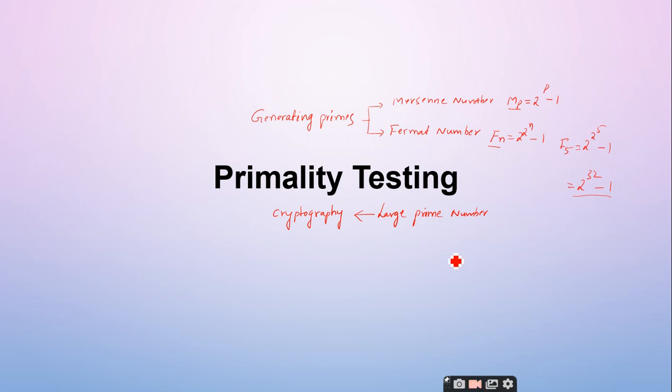Here what we will do is, we will take a number n, a large number, and the challenge is to check whether the large integer that we have selected, this n, is either a prime or a composite. So the testing of an integer to check whether it is prime or composite is called primality testing.